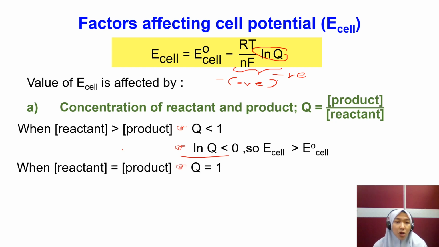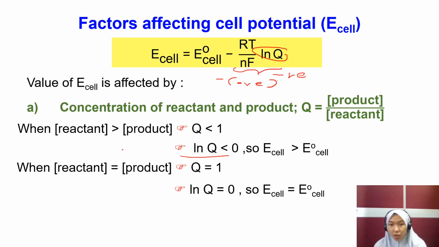If the concentration of reactant is equal to the concentration of product, then Q will be equal to 1. So what will happen to ln Q? ln Q will be 0.